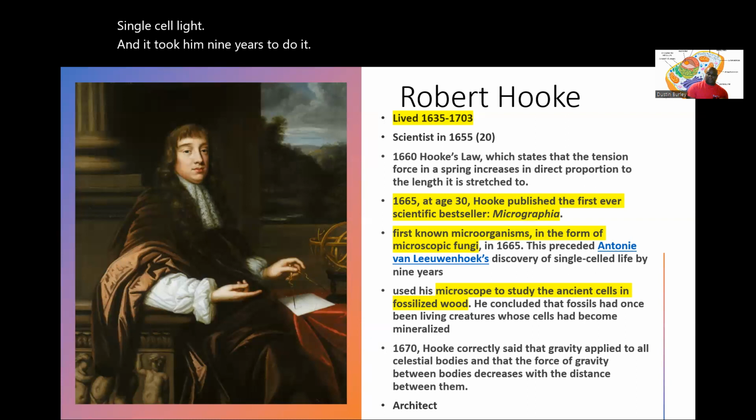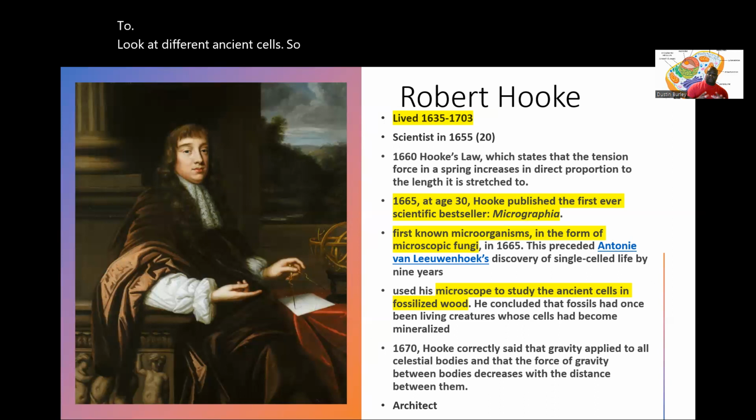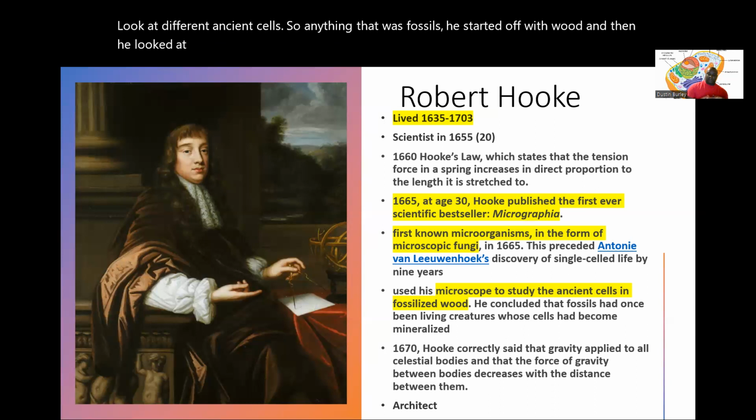They used microscopes. Robert Hooke used microscopes to look at different ancient cells, so anything that was fossils. He started off with wood, and then he looked at different other stuff.